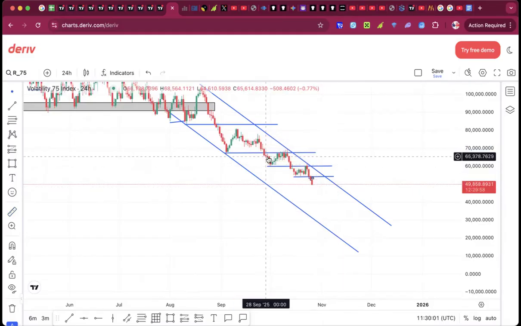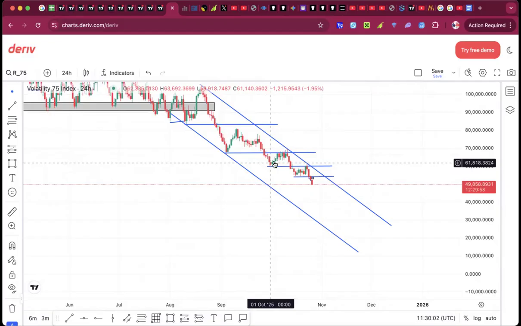For instance, from this point, if we check the swing trade, let's look at it. Let's even take from here.